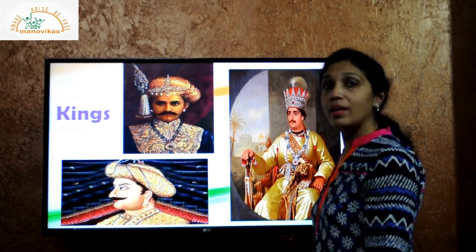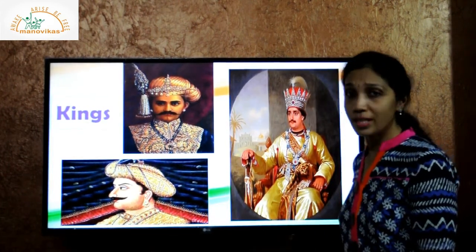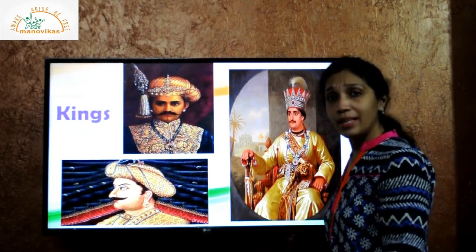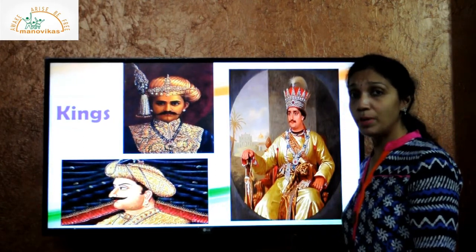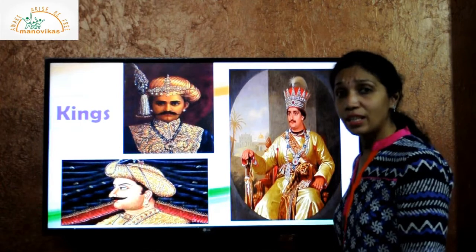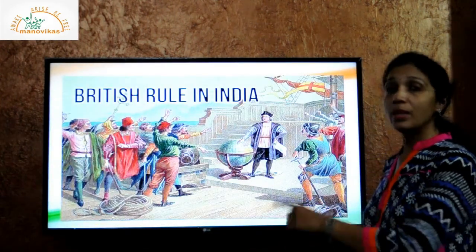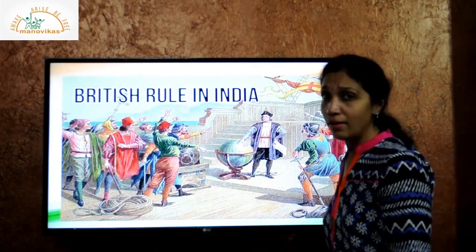Long ago, the kings ruled our country. During those days, people did not have the right to elect the kings. Even if they were not good, people could not take any action against them. After that, the Britishers ruled in India for nearly 200 years.